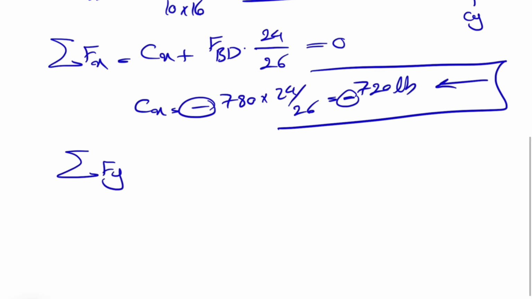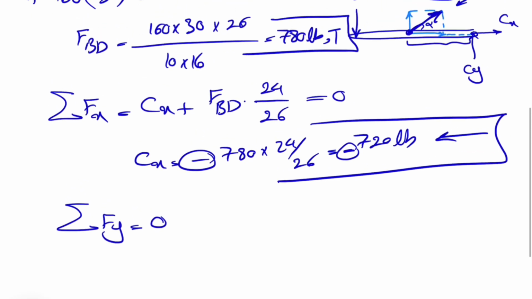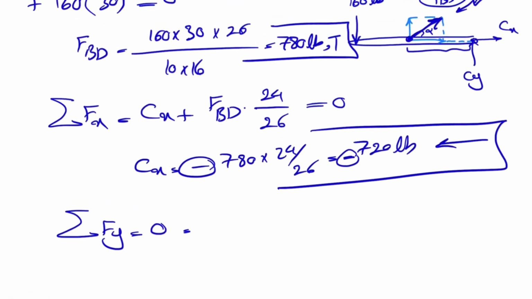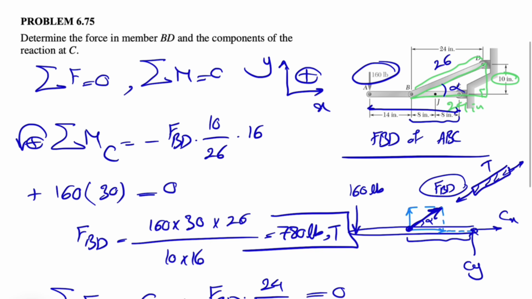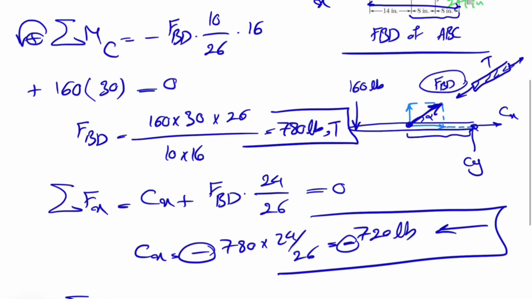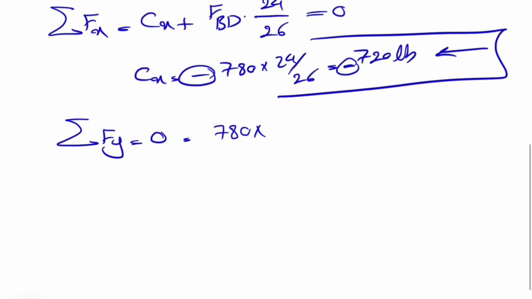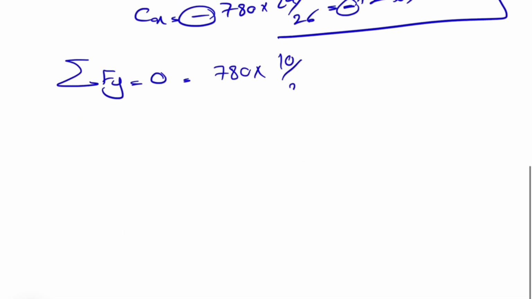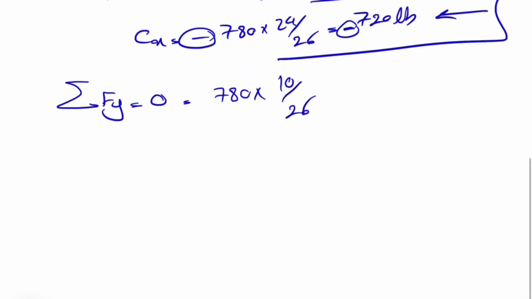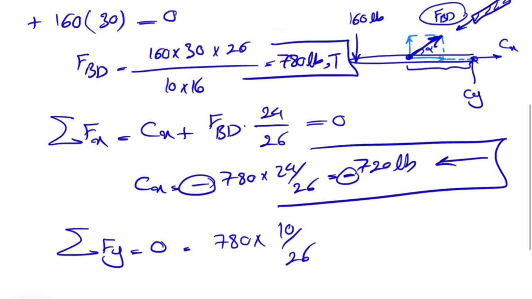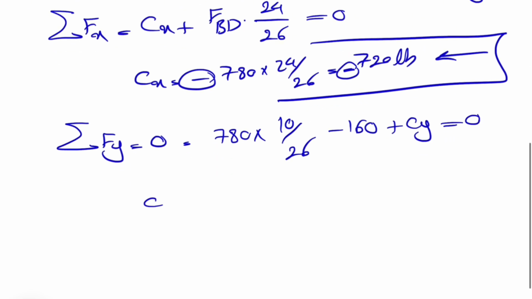And the last one, sum of all forces in the y direction. We're going to have the y component of FBD, which is 780 times 10 over 26, the same thing we had for the moment equation. We have the minus 160 pounds, and we have Cy, and that's pretty much all the forces in the y direction.